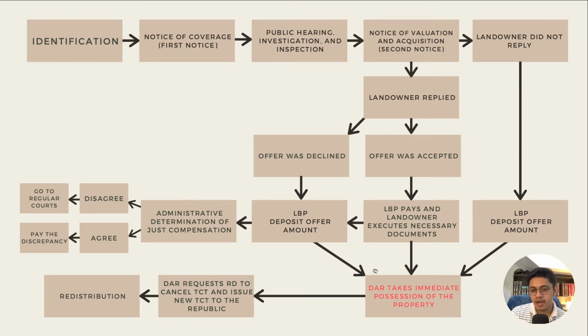Because now just compensation is considered to have been paid. There's already just compensation for the private property that is deprived by the state. Then the DAR, representing, on behalf of the government, the Republic of the Philippines, will take immediate possession of the property. All right.